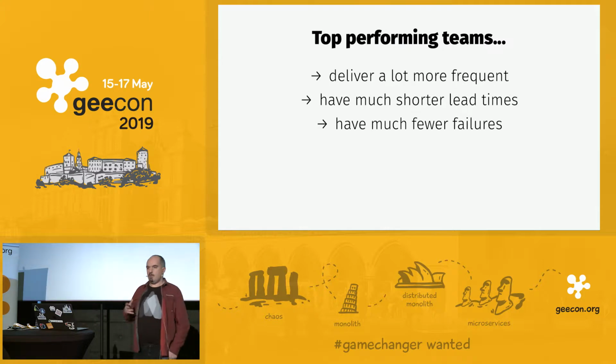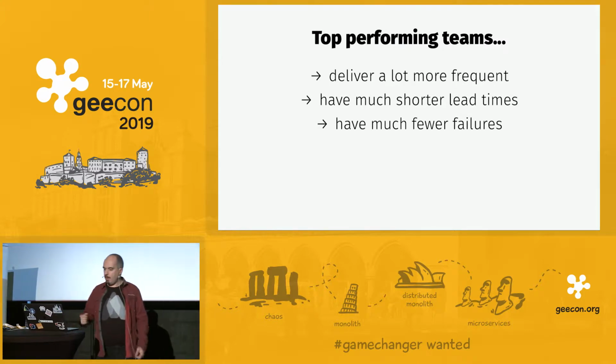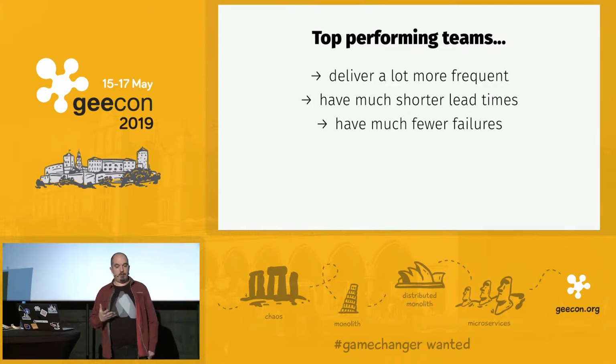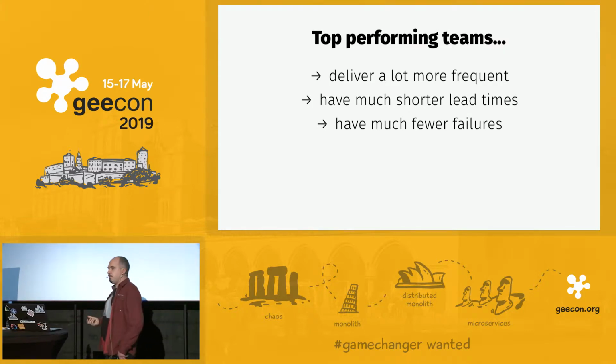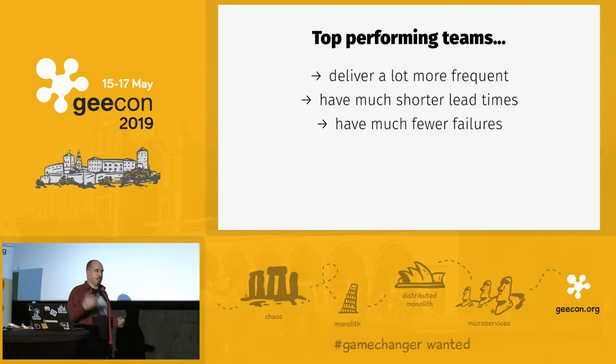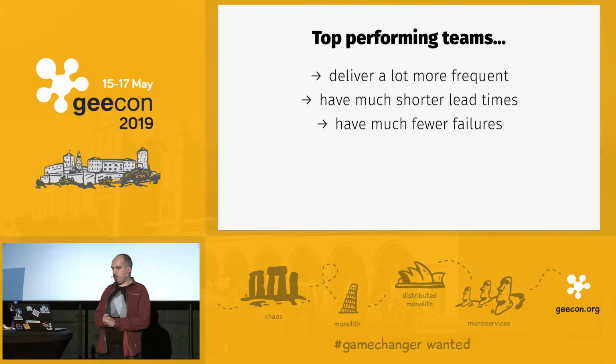So that means once a feature gets entered into the system, they have a much shorter lead time to get that into production or into an environment that's being confronted with real users. And they also have a lot fewer failures than other teams that tend to do the big bang deployments.